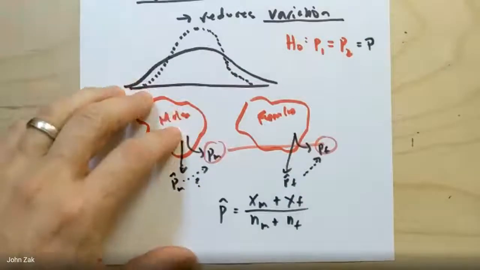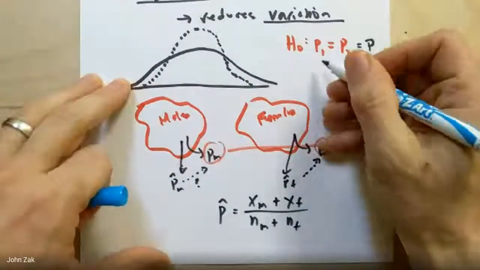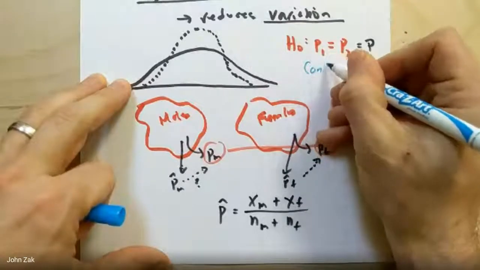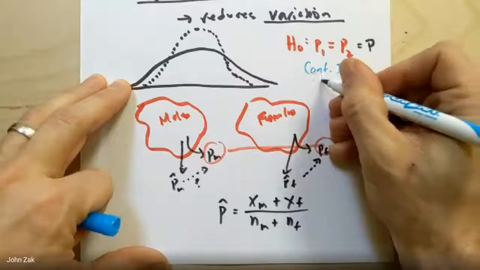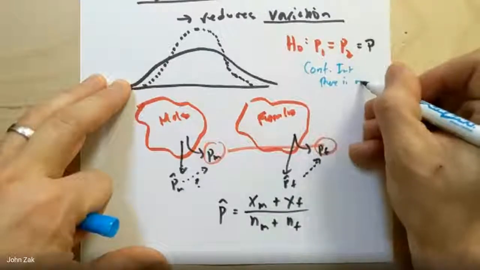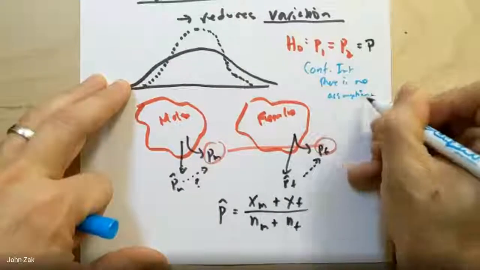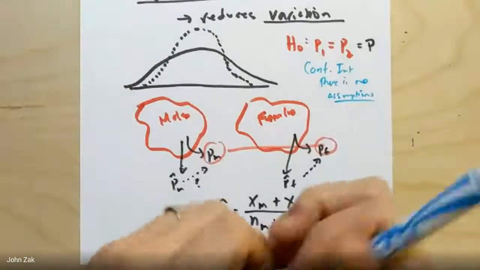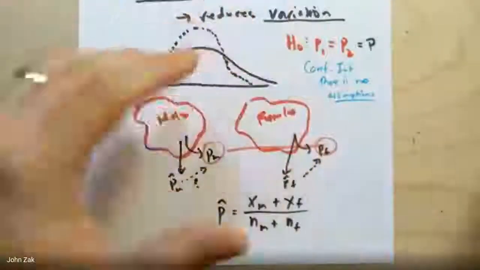Why don't we use this when we're making a confidence interval? Because in a confidence interval, there is no assumption, right? There are no assumptions at all. We don't make any assumptions in a confidence interval, except maybe about the conditions that allow us to make a particular confidence interval. There's no assumptions about the actual values themselves.